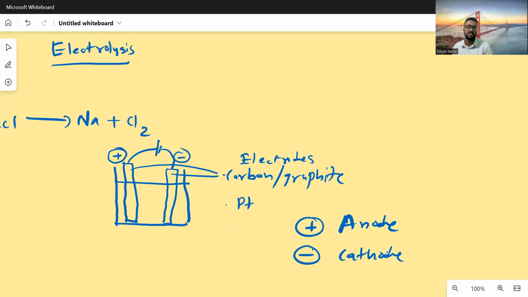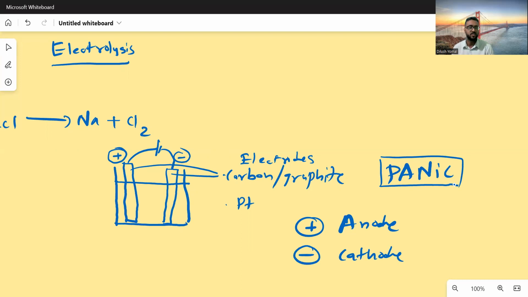You might say, sir, we need to remember it, yes, we have to remember it. Just remember the term PANIC: positive is anode and negative is cathode. So the electrodes are fine.